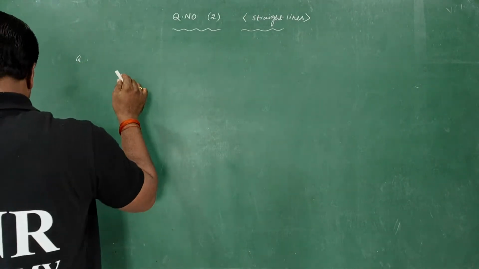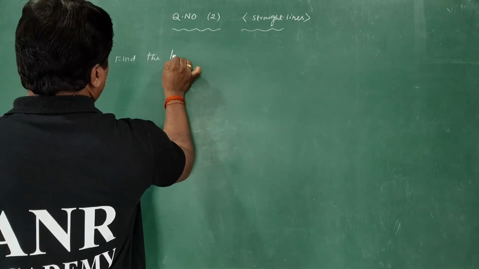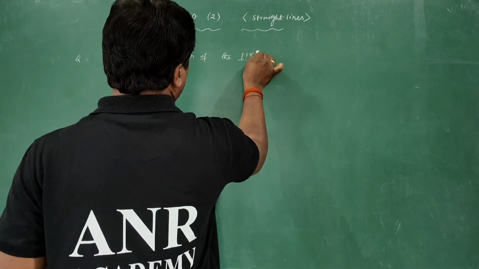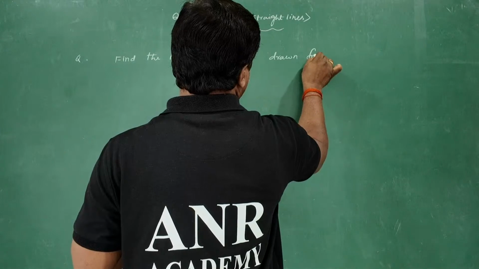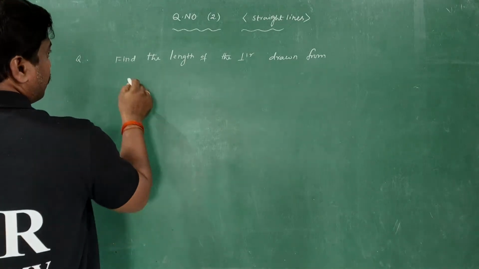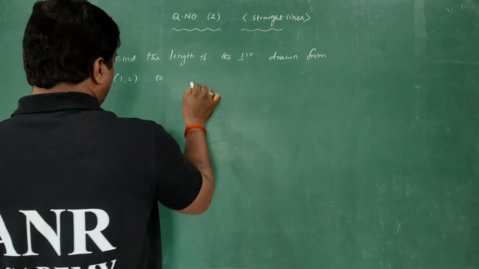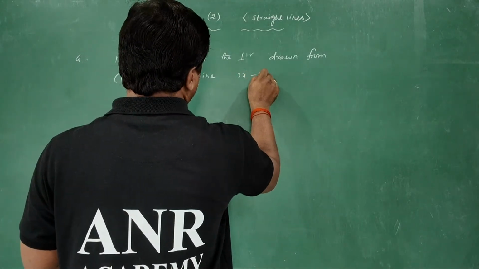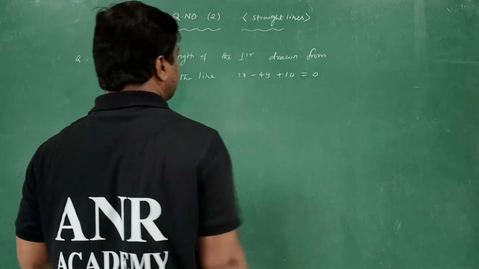Next question. The question is, find the length of the perpendicular that is drawn from the point (1, 2) to the line 3x minus 4y plus 10 equal to 0.